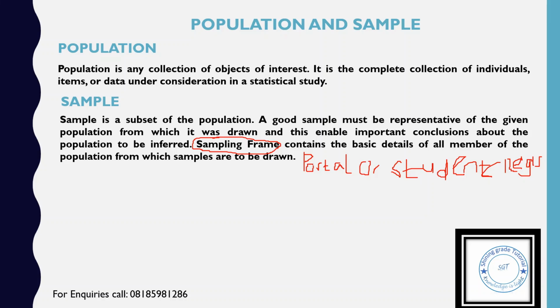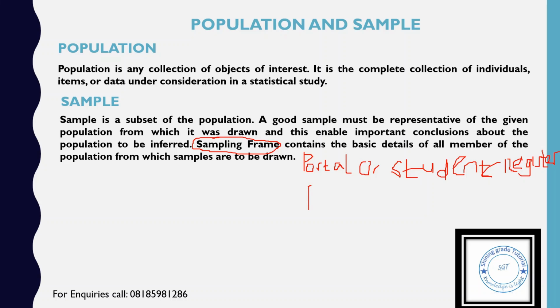Also, another example of a sample frame: maybe you have a company in which you want to have a study, and the employees are your population, the employees of the company. How can you usually generate such a sample? You need a sample frame, which gives you basic details about the members of the population, and you can easily get that. You can even request the employee register. You can ask for their payroll.